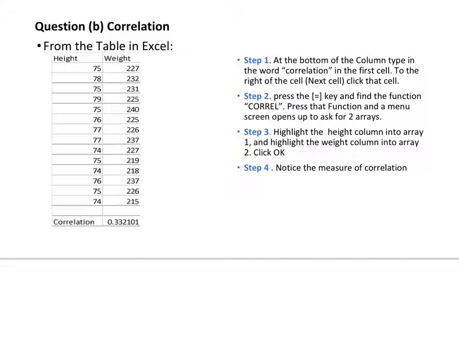In question B, it asks to calculate the correlation. Again, we're going to use Excel. So in Excel, we created the two columns, height and weight, and at the bottom we typed in correlation in the cell under the height, and then we moved the cursor over to this cell here.